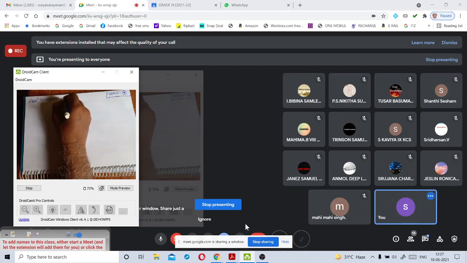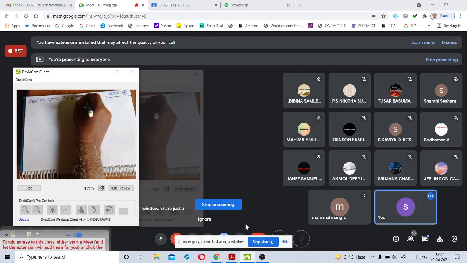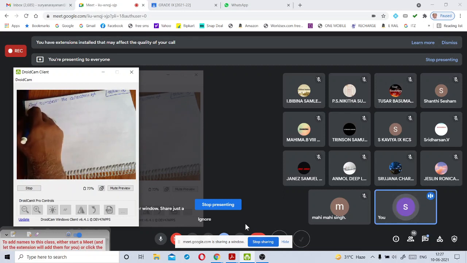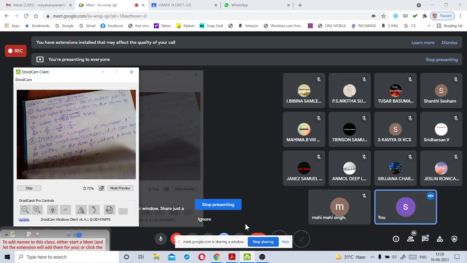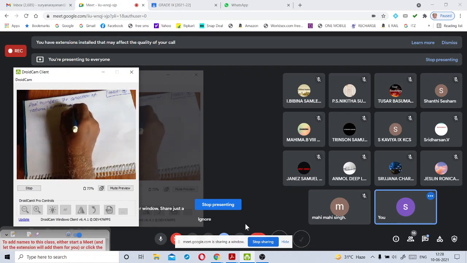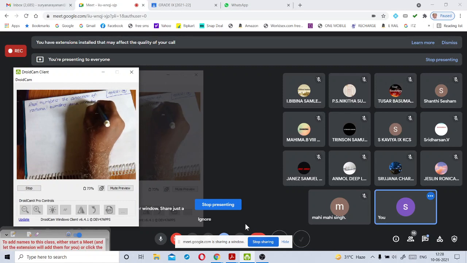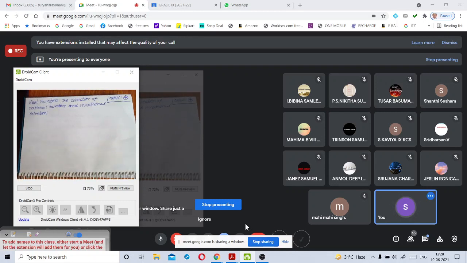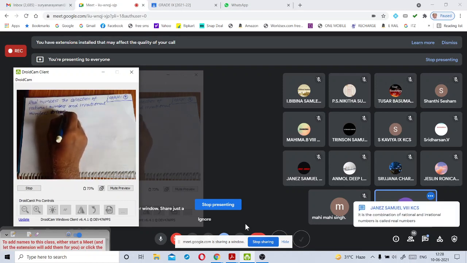The collection of rational numbers and irrational numbers together.